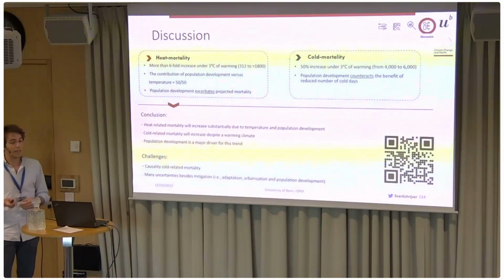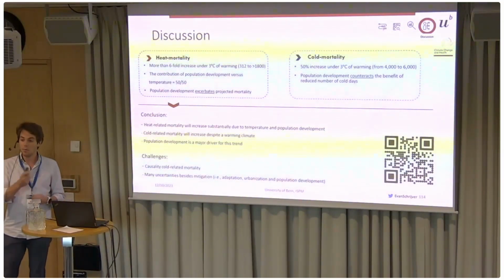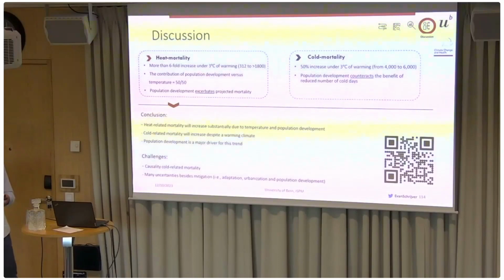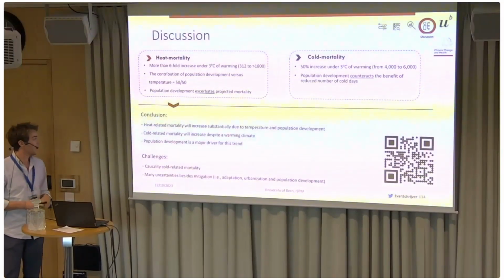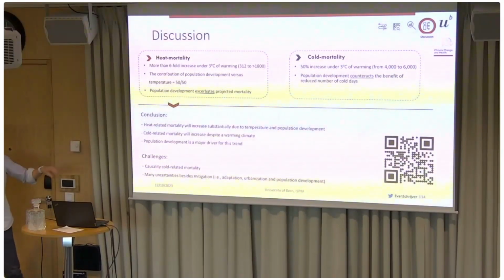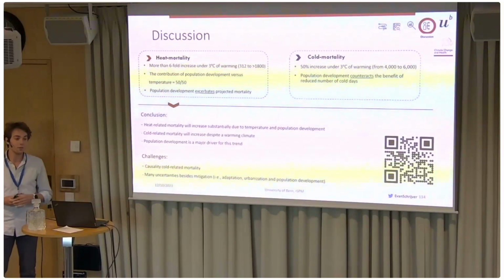When we look at cold-related mortality, surprisingly, it will also increase despite climate change. And this is, of course, also because of population development. So basically what happens is that population development counteracts the benefit that we would expect with a reduced number of cold days.